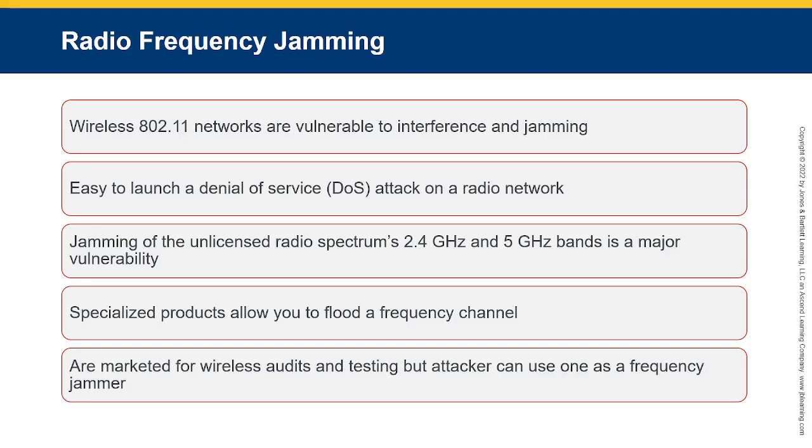The jamming of the unlicensed radio spectrums, the 2.4 and 5 GHz bands, is a major vulnerability. Specialized products allow you to flood a frequency channel and are marketed for wireless audits and tests, but an attacker can use one as a frequency jammer.